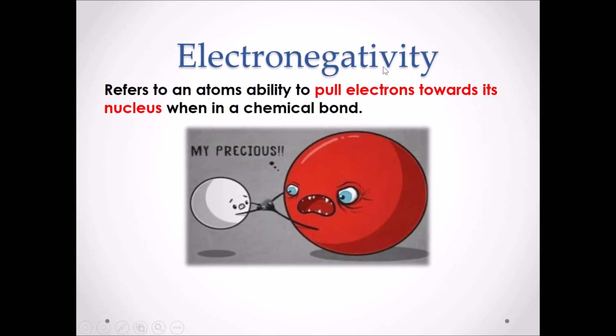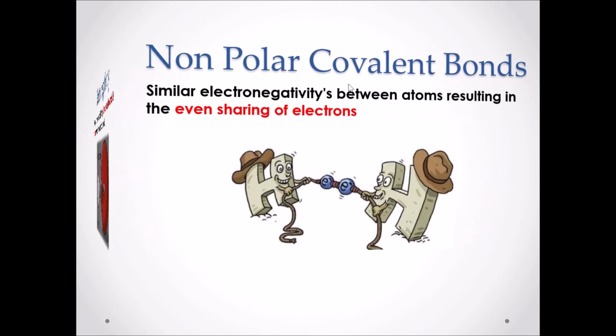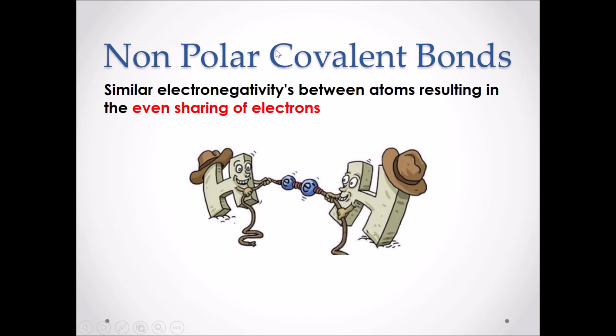Remember that electronegativity refers to an atom's ability to pull electrons closer towards its nucleus when in a chemical bond. When we talk about a nonpolar covalent bond, we refer to similar electronegativities between atoms, resulting in the even sharing of electrons.